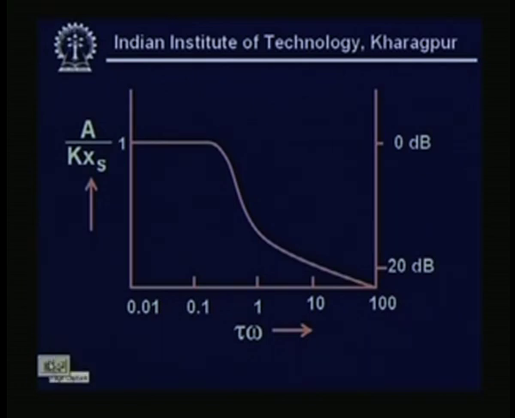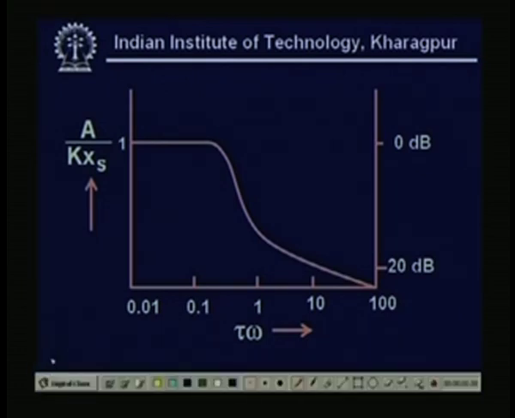Now, we have plotted here the normalized value of the output versus omega tau. Instead of omega, we have plotted omega tau. We want to make it unitless, that is the reason. Omega is in radian per second, tau is in seconds, so it is dimensionless. So, this is the frequency response of a first order system with sinusoidal input, right.